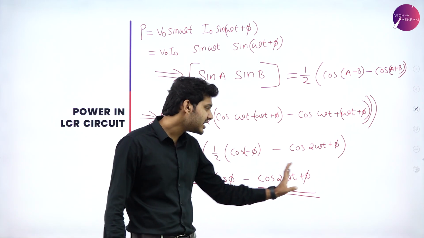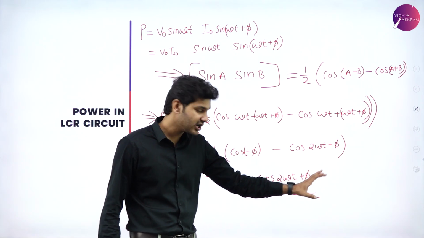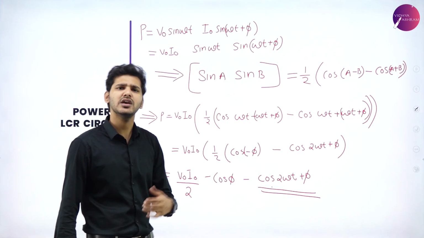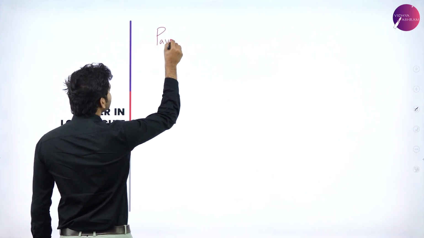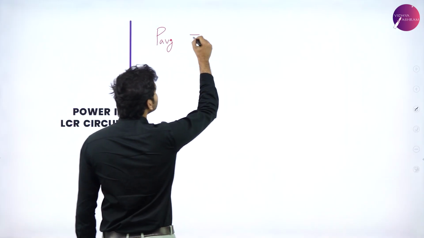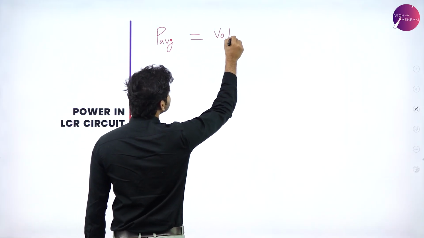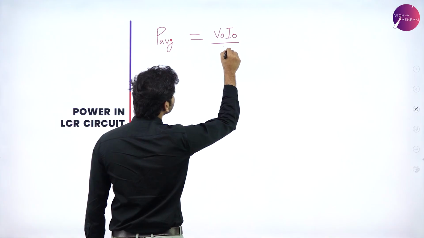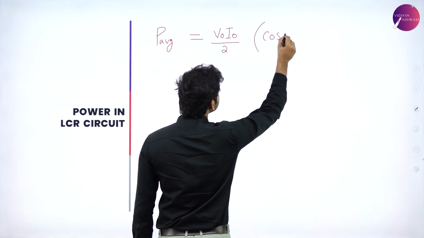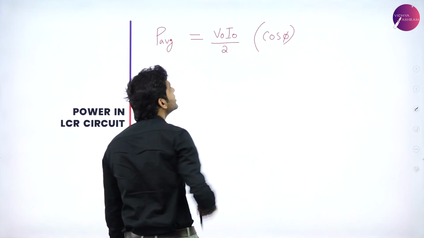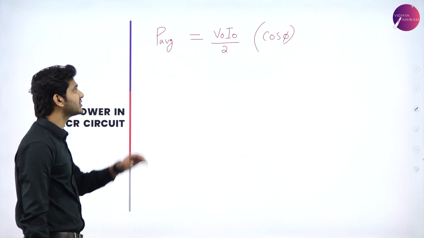So this entire term will be dropped from the equation and only cos phi will be remaining. So when we are taking the average value, P average will be equal to the already existing V naught I naught divided by 2 into the only remaining quantity, that is cos phi. So we'll only be taking this much.